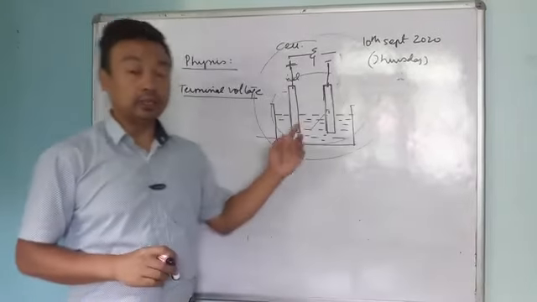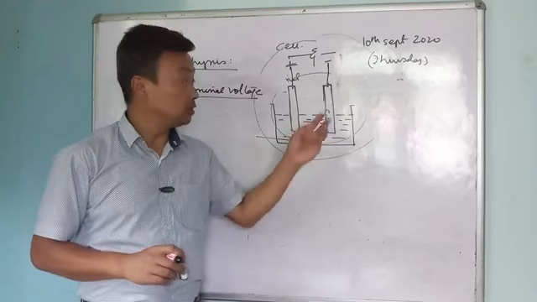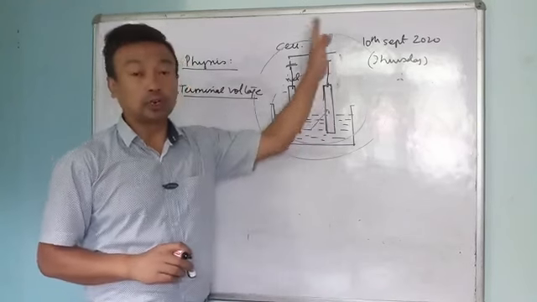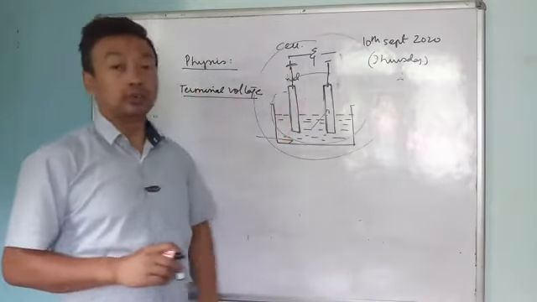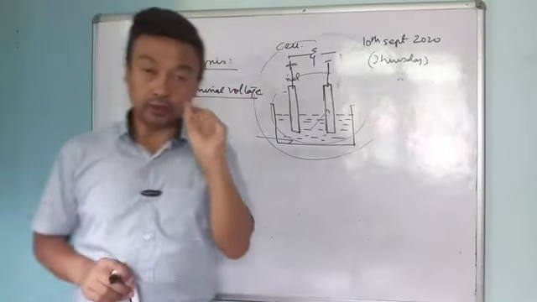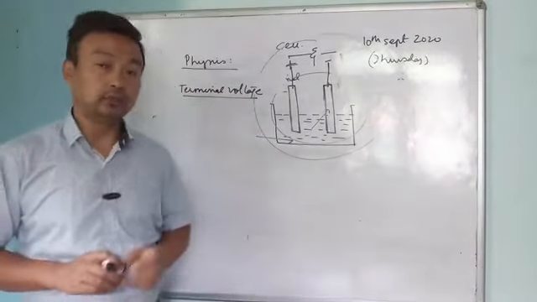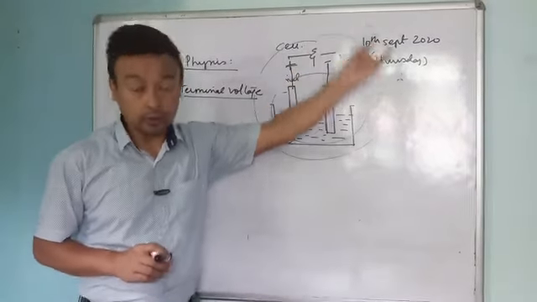In case of the EMF, the first condition was that no current was drawn, there was no current coming out from the cell. In that case, we found the potential difference. Whereas in case of the terminal voltage, the first and foremost point that you have to keep in mind is when the current is drawn from the circuit.